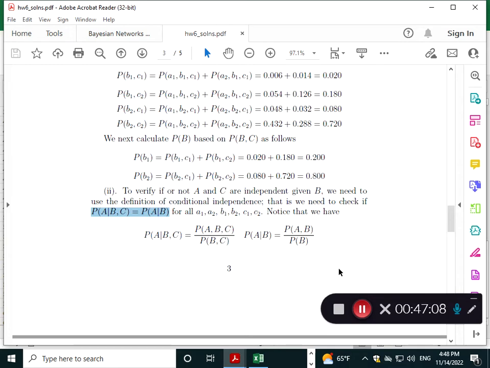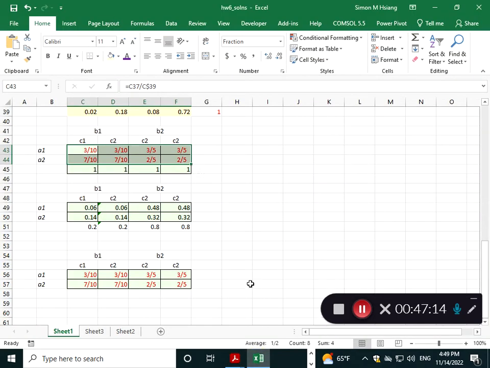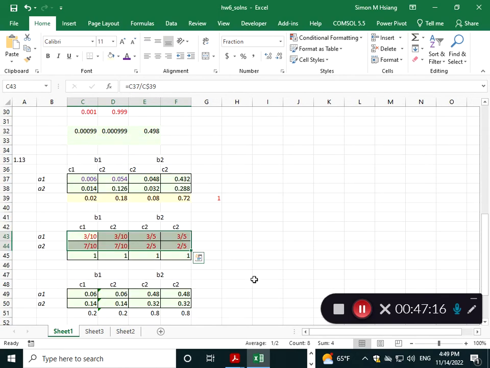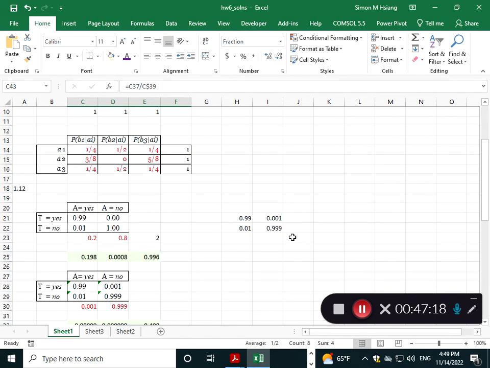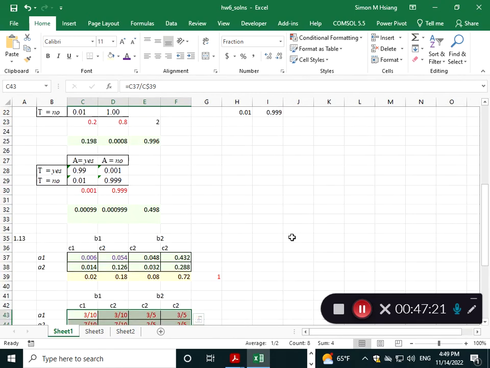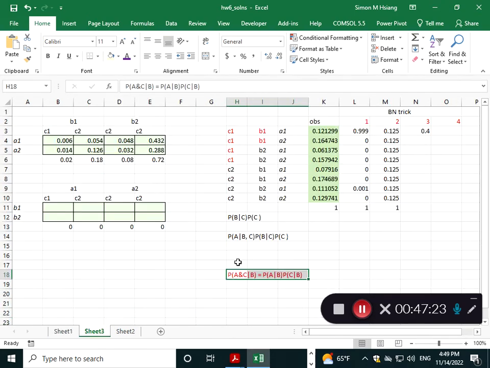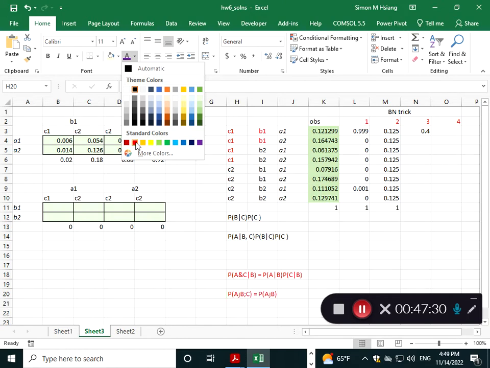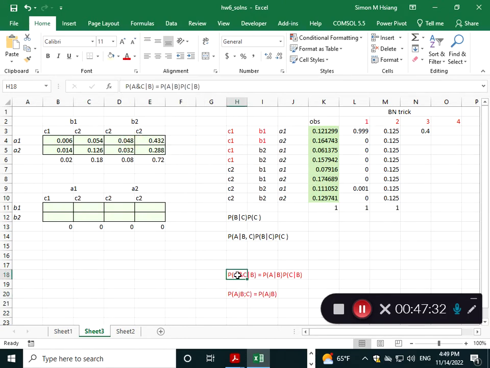So C has nothing to do with the computation here. Everybody agree with me that this is the hot and sour soup statement, right? We already did it before.